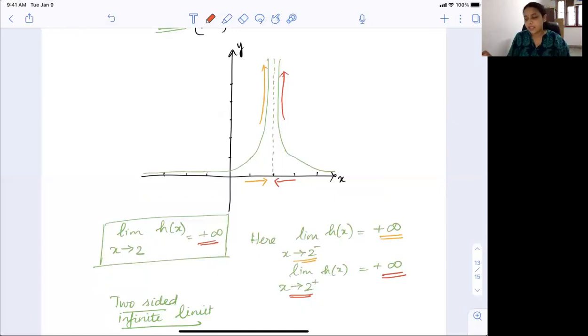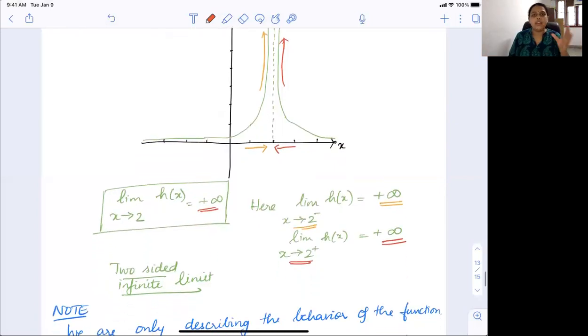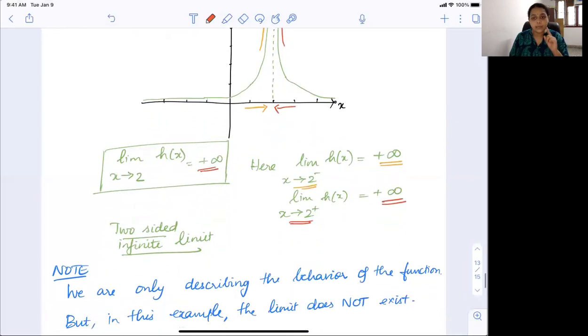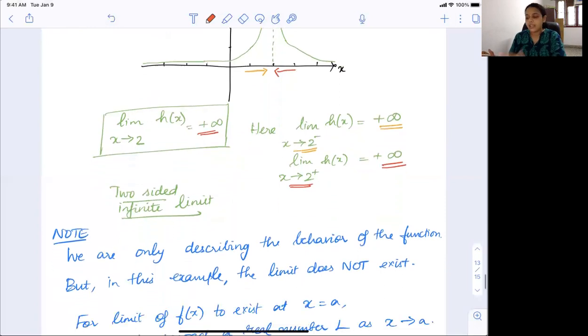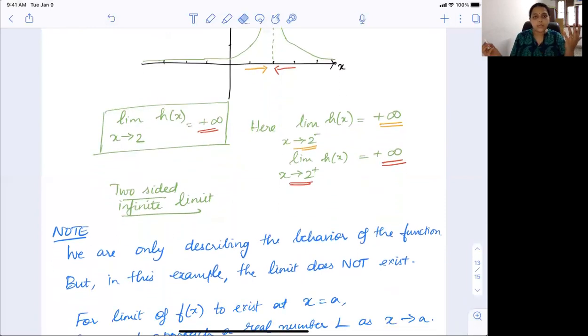But though we're talking about an infinite limit here, remember that we say that a limit exists only when the limit can be denoted by a single real number, a real valued number. Here, we're talking about a limit being infinity, and that technically doesn't count as a limit.